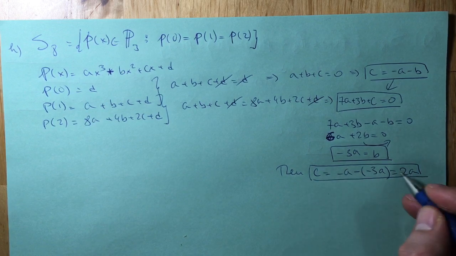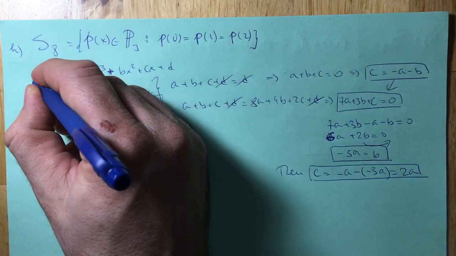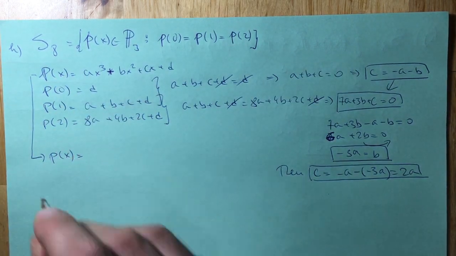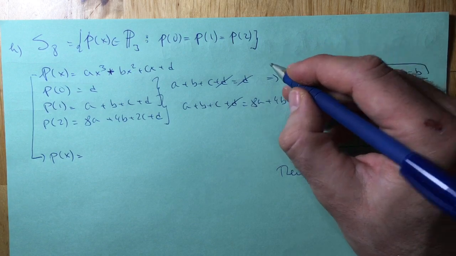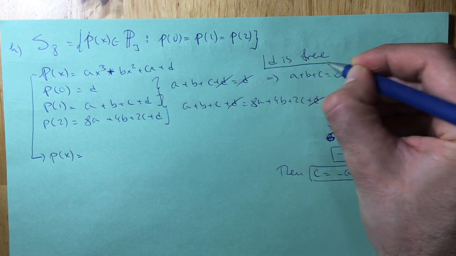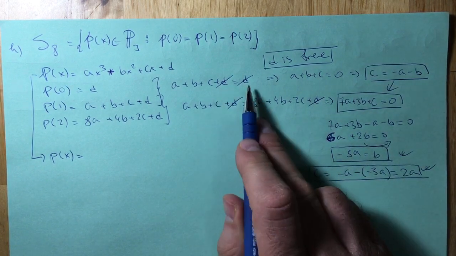So I have expressed c and b in terms of a, then take the general cubic polynomial and express it with these conditions here. Okay? Knowing that d is free, because d will cancel out for any value we give it.